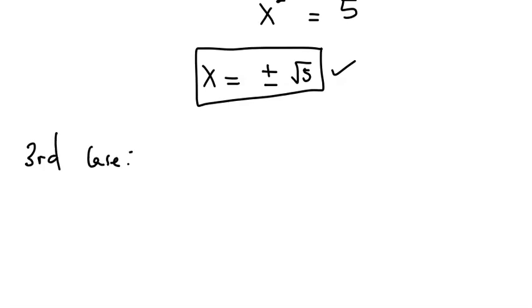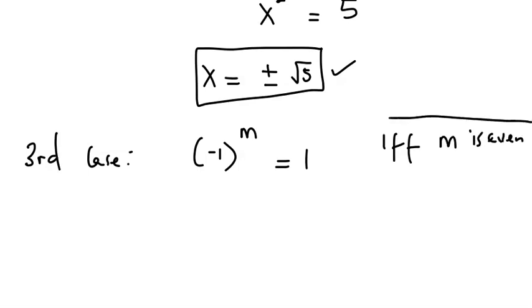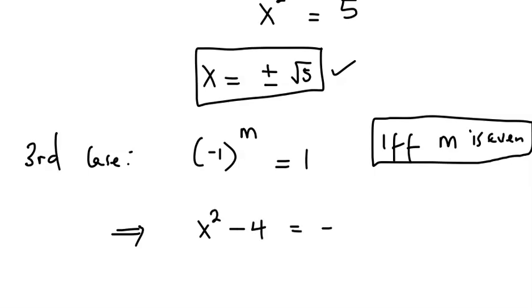And what is that? We know that negative 1 raised to the power of m is equal to 1 if and only if m is even. Hope I'm making sense. So if m is even, then negative 1 to the power of an even number is 1. This is letting us know that the base x squared minus 4 can also be equal to negative 1.